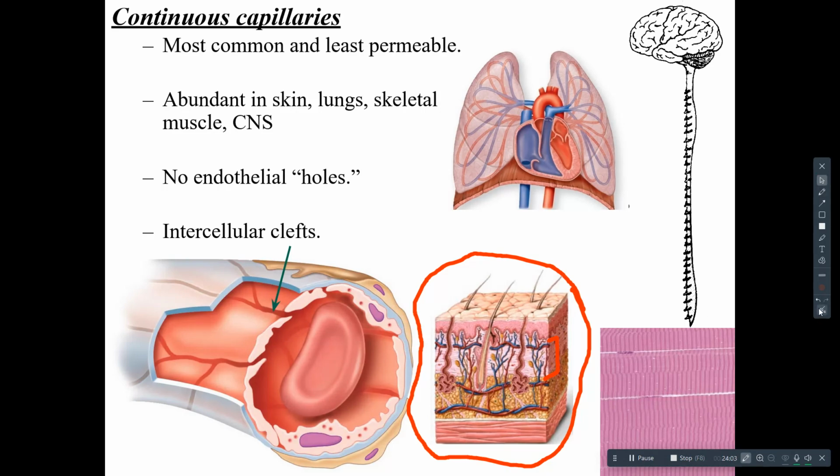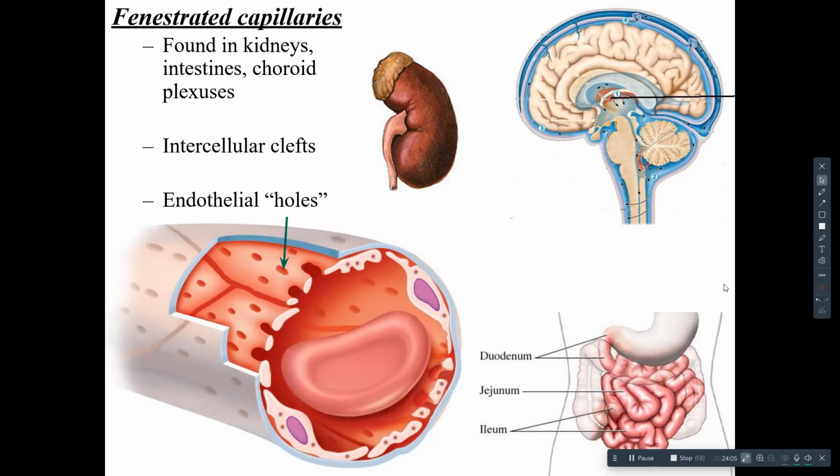I've also got 2 other varieties. I have fenestrated capillaries. Fenestrated capillaries, the endothelial cells, which are the simple squamous epithelial cells, these guys have little holes or fenestrations. A fenestra is a window, so these guys have little tiny windows within them.